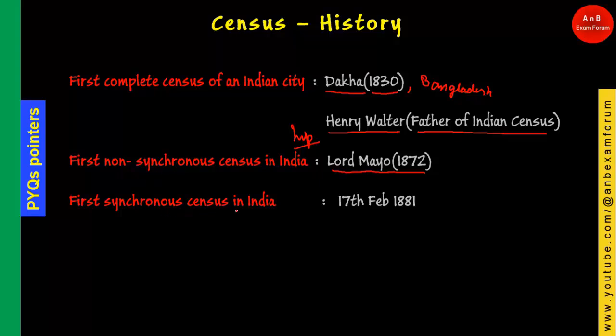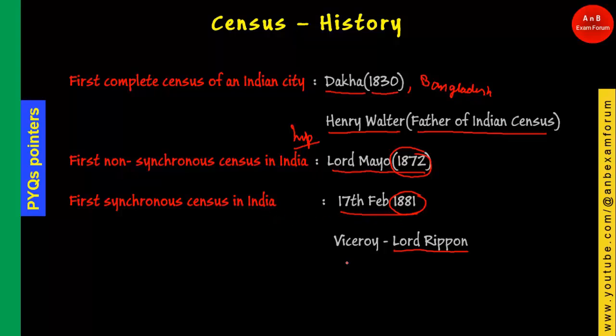But in case they ask the first synchronous census, then your answer should be under the Viceroy Lord Ripon. The first synchronous census was conducted in 1881, and the first non-synchronous census was conducted in 1872. These are the two important periods for the census as far as India is concerned.